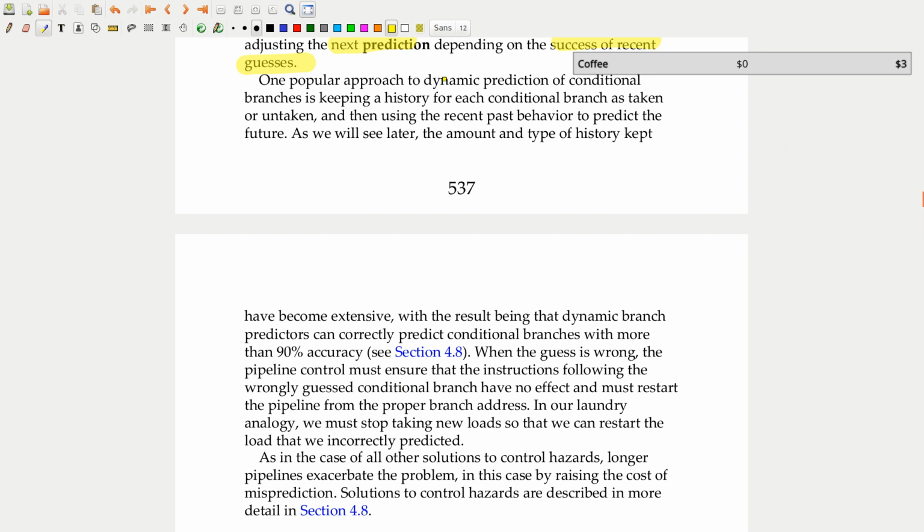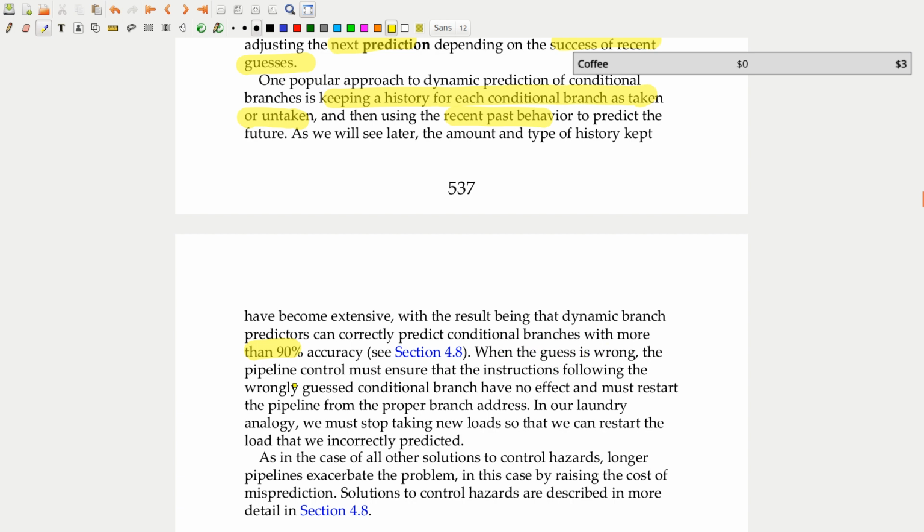One popular approach to dynamic prediction of conditional branches is to keep a history for each conditional branch taken, or for each taken and untaken, and then use this recent past behavior to predict the future. This has been used with, as I said, great success, like over 90% prediction correct.